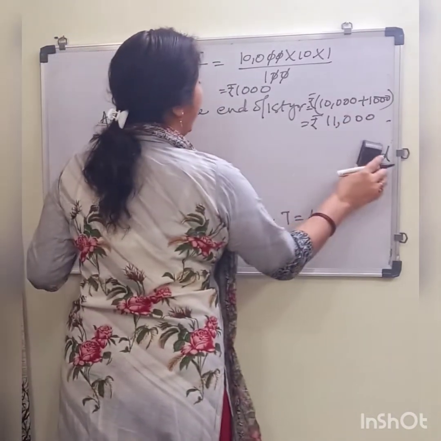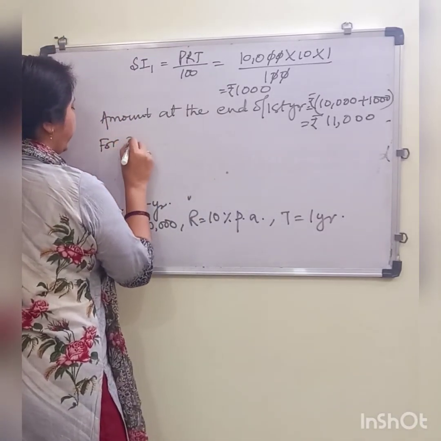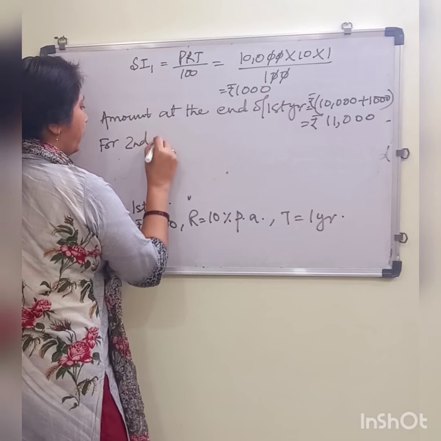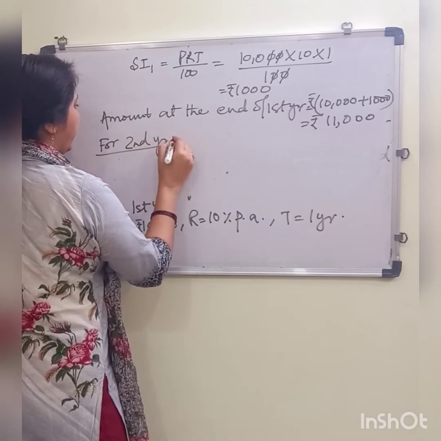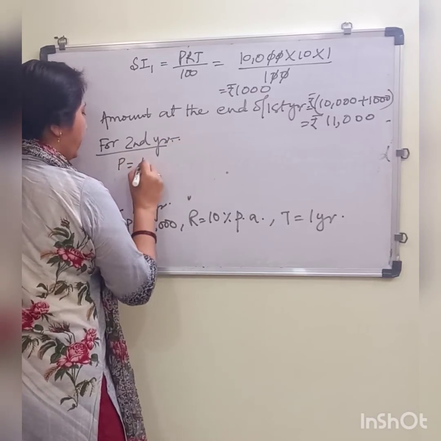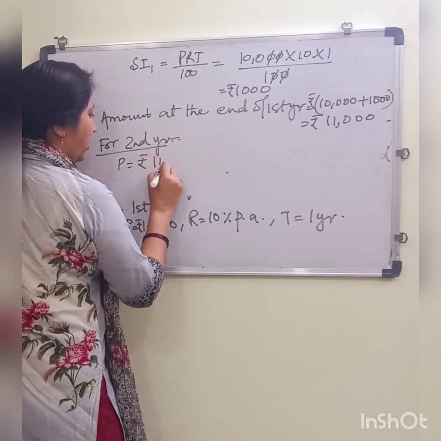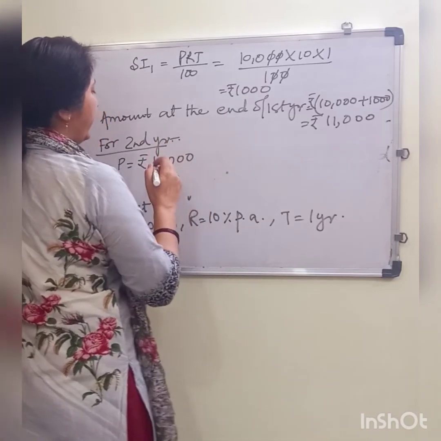Now we take the heading for second year. For second year, your principal becomes rupees 11,000. Now it is increased, you can see, because interest has got added.